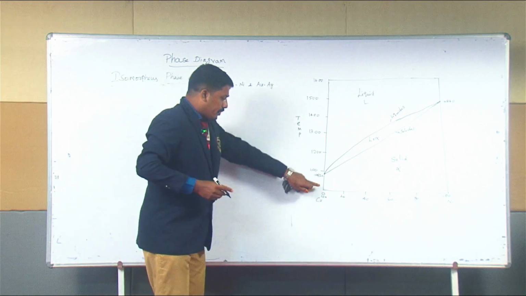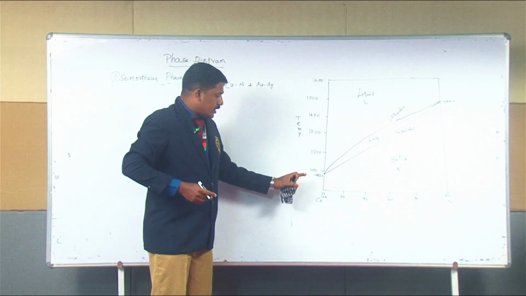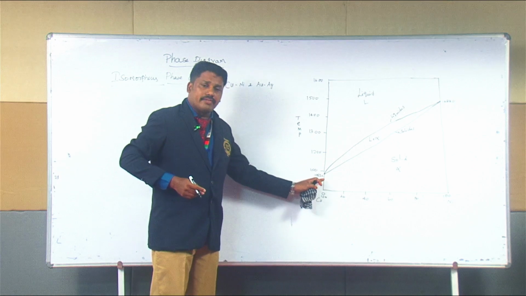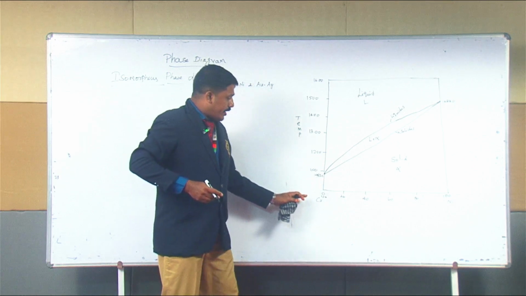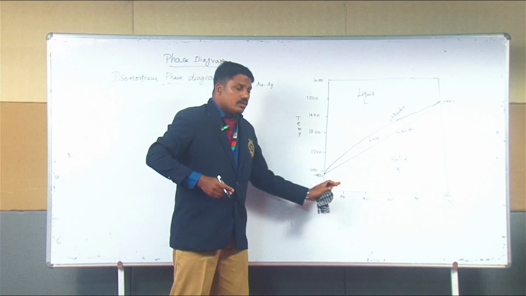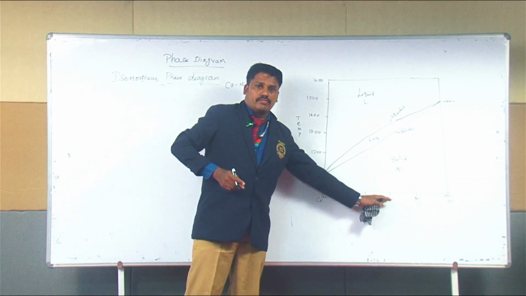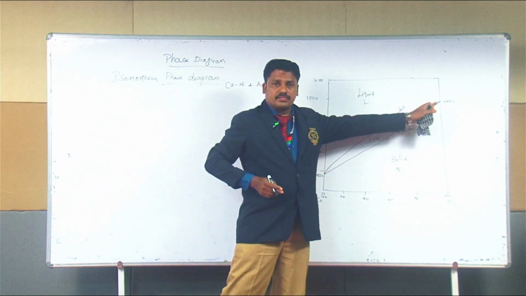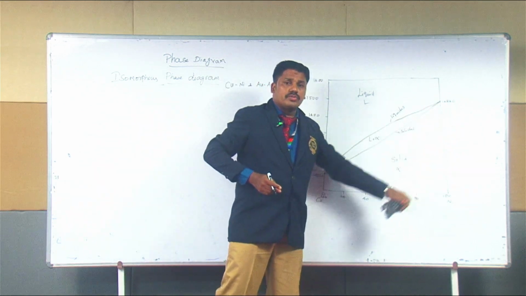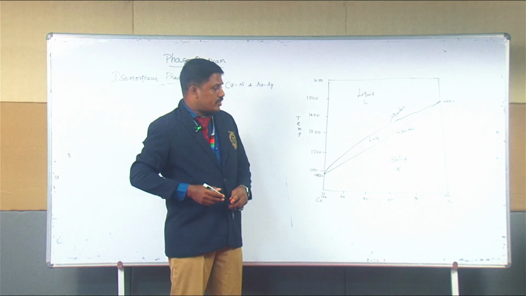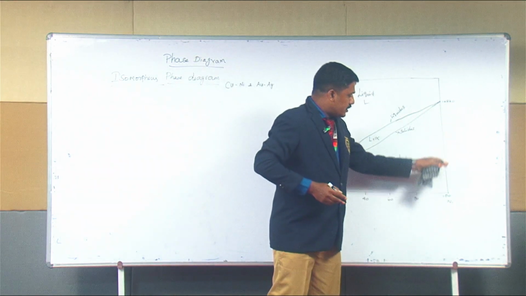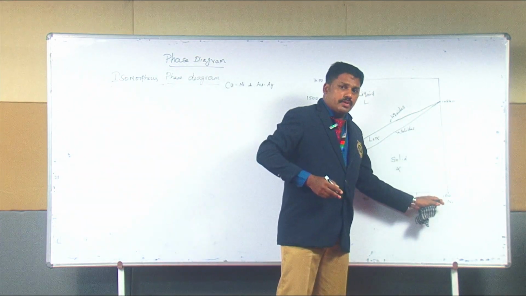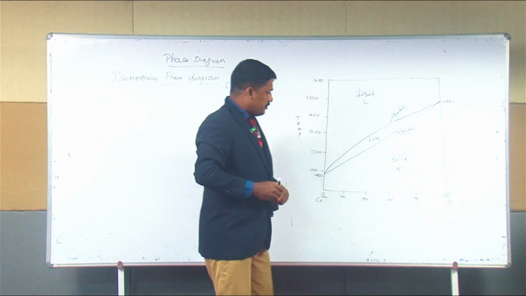Pure copper has a melting point of 1085 degrees Celsius. When we add nickel, the melting point slowly rises until it reaches 1483 degrees Celsius, the melting point of pure nickel.